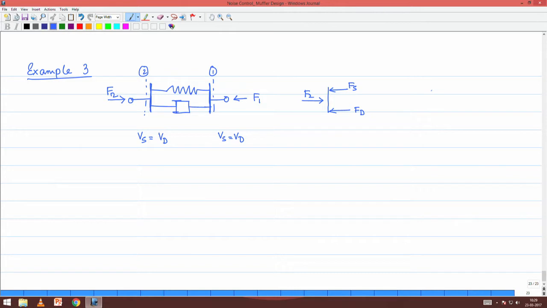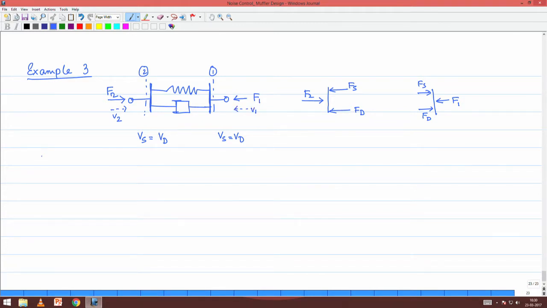At station 1, what will you see with the free body diagram? You will see that there is a spring force and a damping force resisting the force F1, right. But we need to relate F2 and V2, where V2 is the velocity of this input port, and V1 is the velocity of this output port.